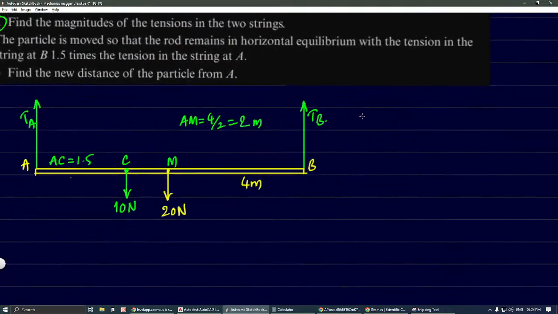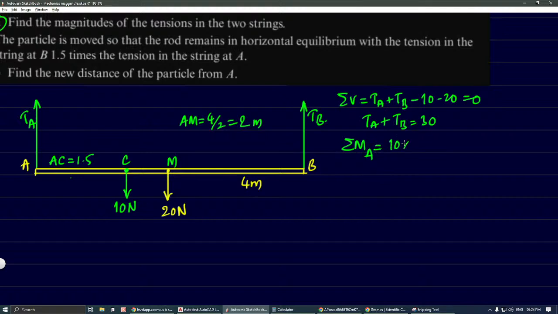In order to solve this, we will have to take two equations. First equation, sigma vertical. So TA and TB are acting upwards, minus 10 minus 20 equals 0. So TA plus TB will be 30. And then we have to take moments about point A or about point B. Let's go with point A. A is simpler.